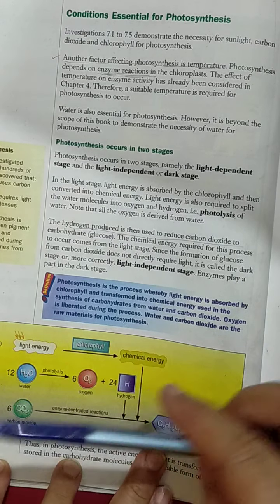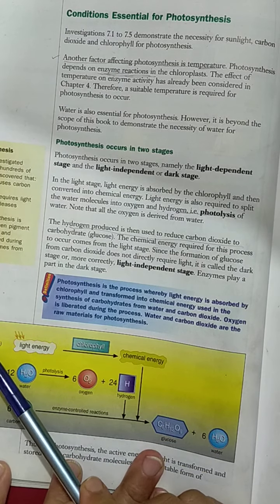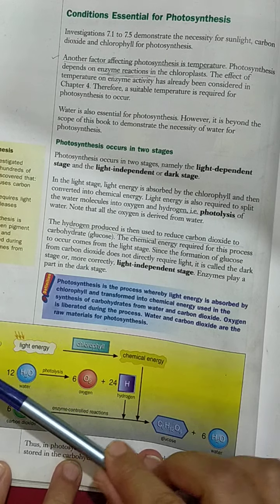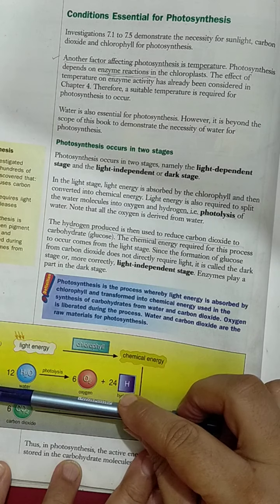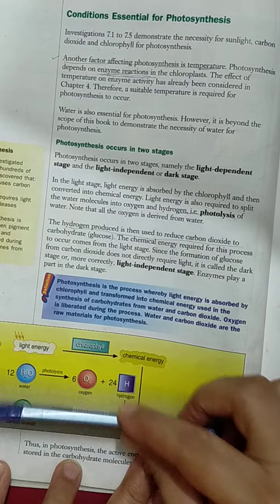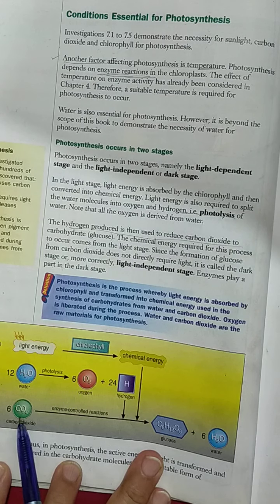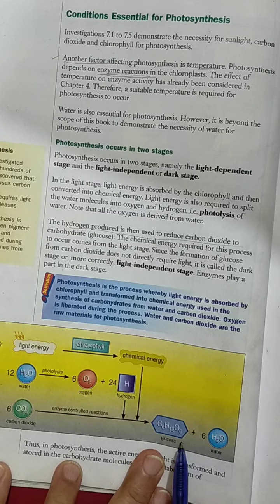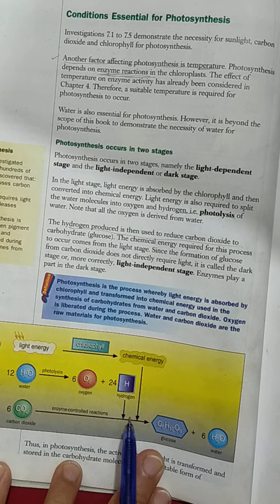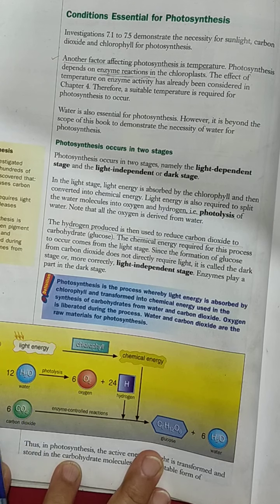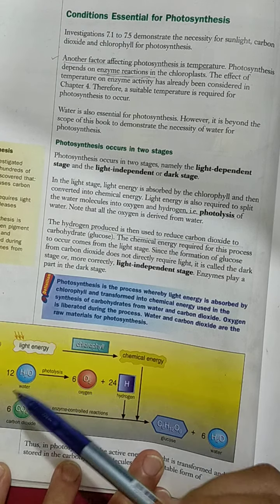So for photolysis light is compulsory, so for that reason these steps are called the light dependent reaction. This conversion of carbon dioxide into glucose can be done even in the absence of light. So this step is called the light independent reaction or dark reaction.